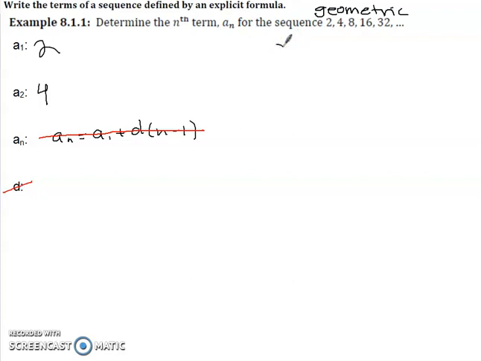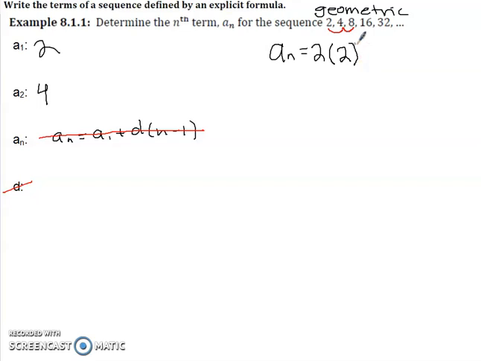I can still find a sub n, I just need to identify my pattern. So my pattern here is that I start at the number 2, and then I'm going to be multiplying that starting number by 2 repeatedly. To get to the second term in line, I multiply by 2 once. To get to the third term in line, I multiply by 2 twice.